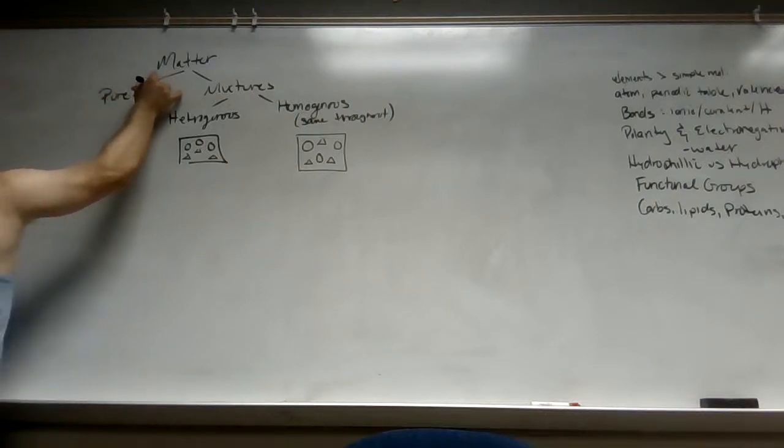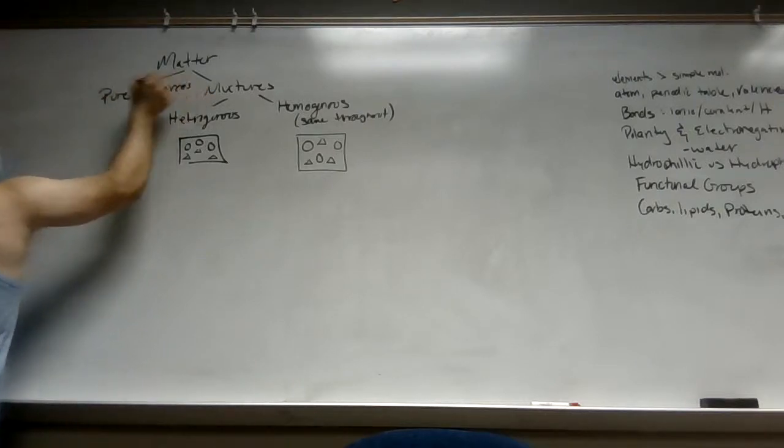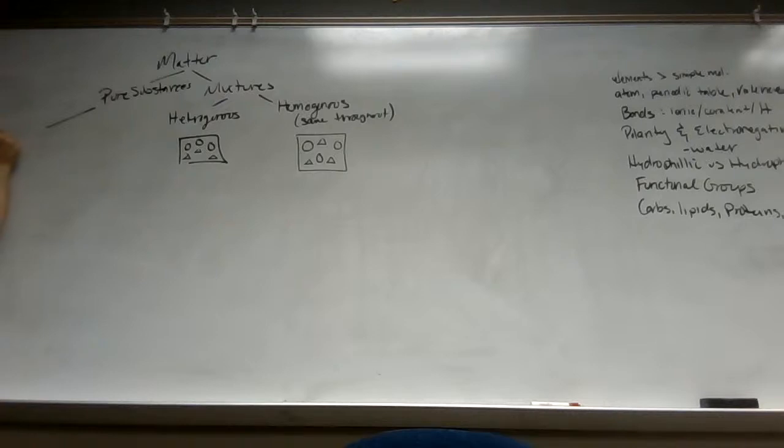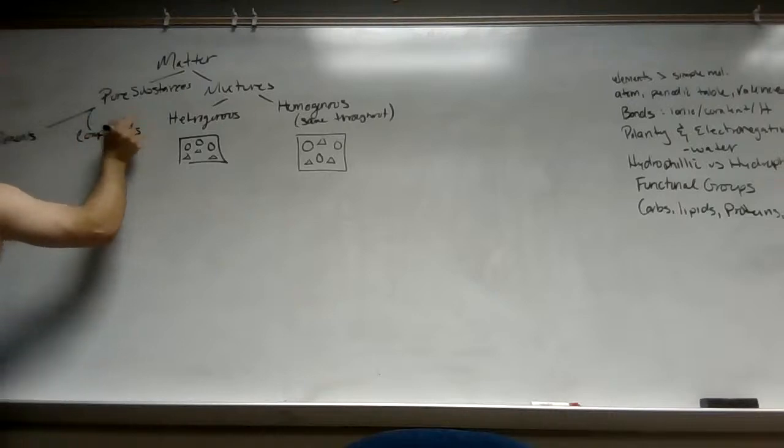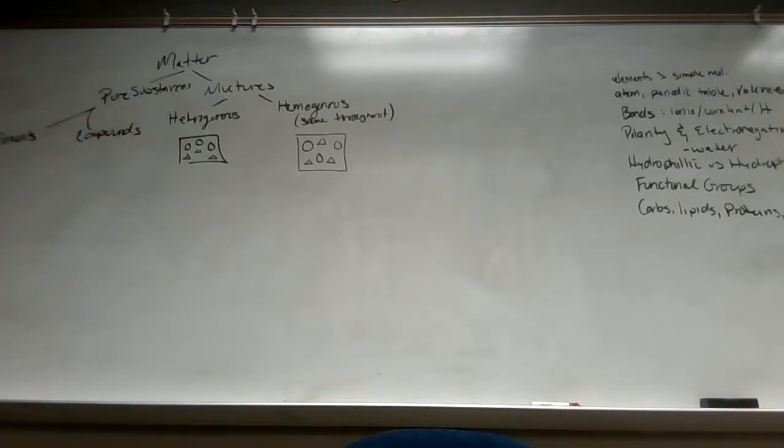Within our pure substances, we have elements and compounds. The elements are what you see on the periodic table. They are the most simplified form of identifiable matter, before we get to protons and neutrons, which are ubiquitous across the board.